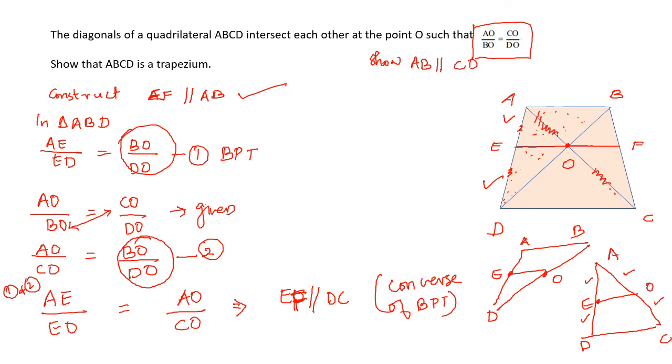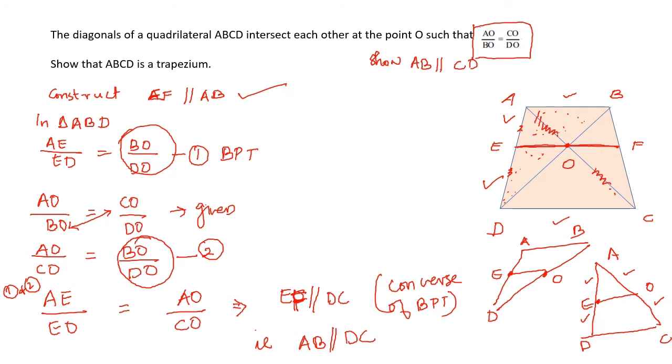Now from this what do you get? EF is parallel to AB and EF is parallel to DC. So AB is parallel to DC. Because this line EF we constructed parallel to AB, but when we do the BPT, we get that EF is parallel to DC.